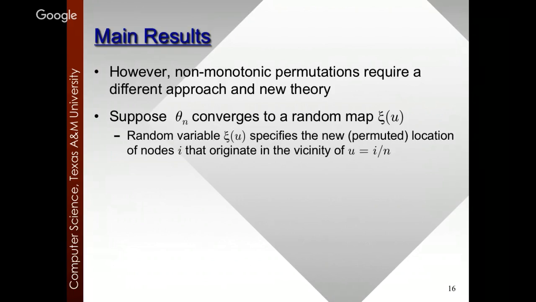Suppose the permutation theta converges to a random map c of a number u, where u is a number between 0 and 1 which tells the location of node i relative to the range from 1 to n, so u equals i divided by n. And this random map c specifies the new location of node i after the permutation, which is to say, what its new label is after permutation.